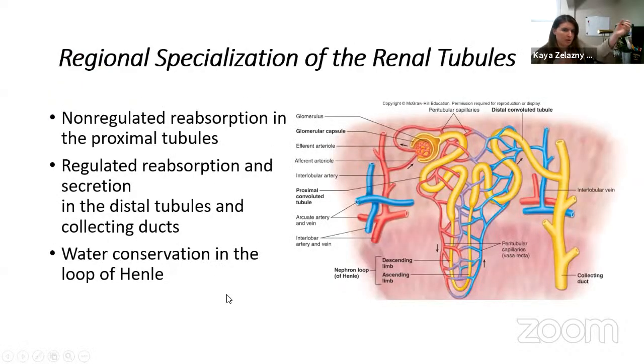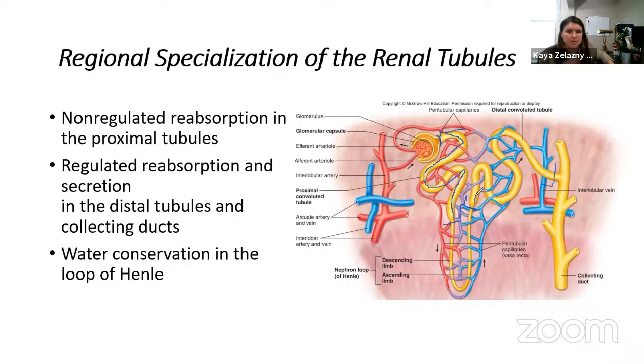So we do have renal specialization of the renal tubules, which is to say that we have different things happening in the proximal tubule, right? This is our proximal convoluted tubule, this part. We have different stuff happening there than we have happening in the distal convoluted tubule, which is here.